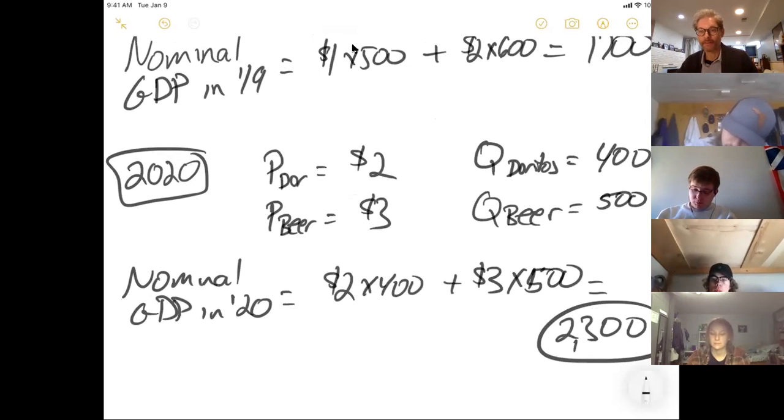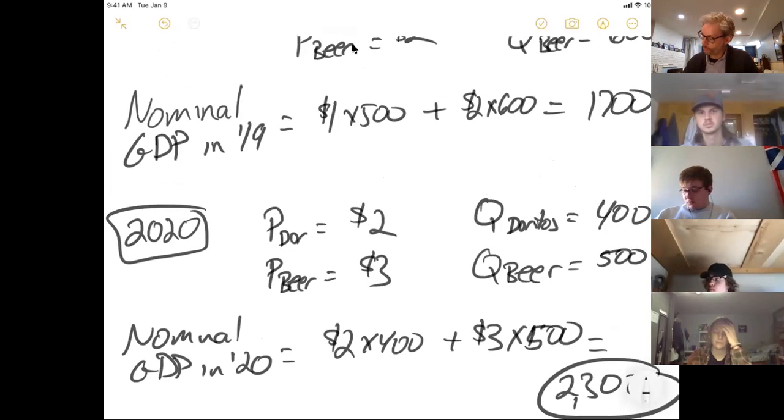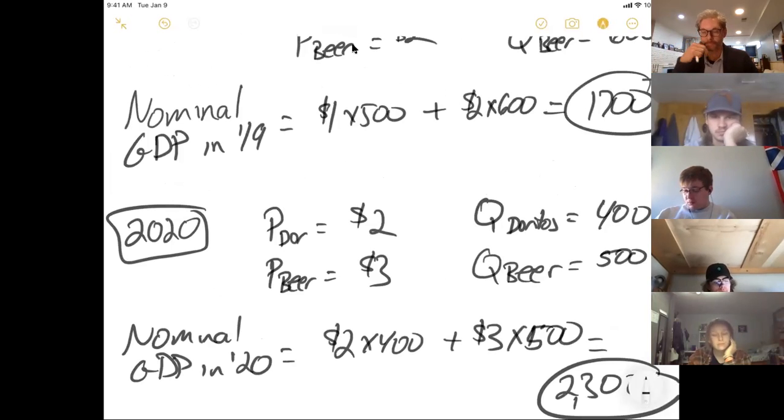What happened to nominal GDP between 2019 and 2020? It went up. Nominal GDP went up despite the fact that this country is producing less.